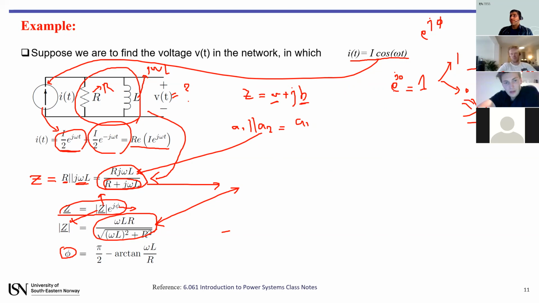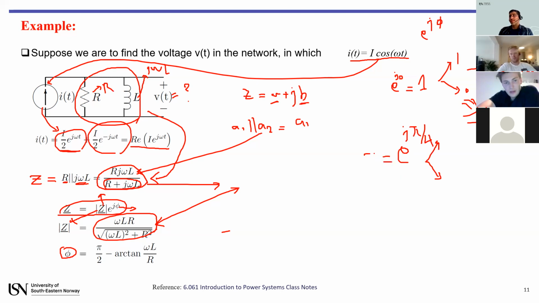Exponential J0. If you have exponential J pi over 4, what's the amplitude? Can you guess?